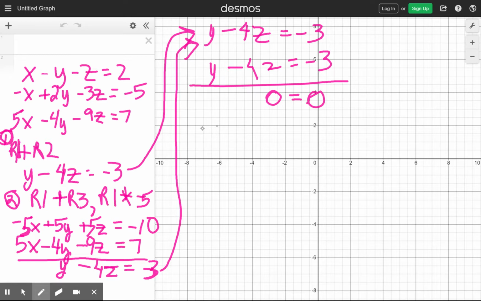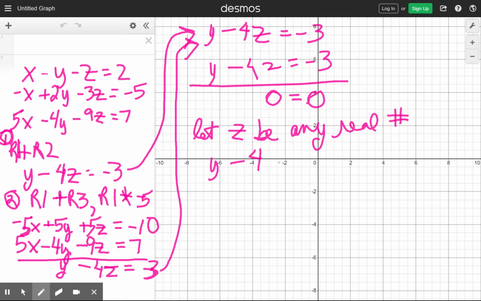So we're going to let z represent any real number. And then we'll take our y minus 4z equals negative 3, and we're going to solve that for y in terms of z.